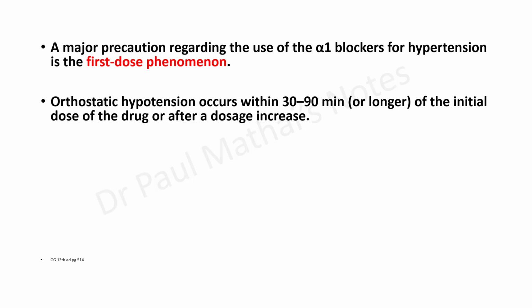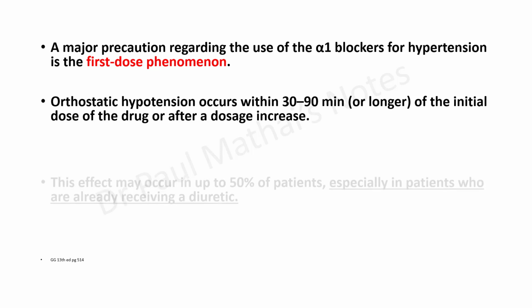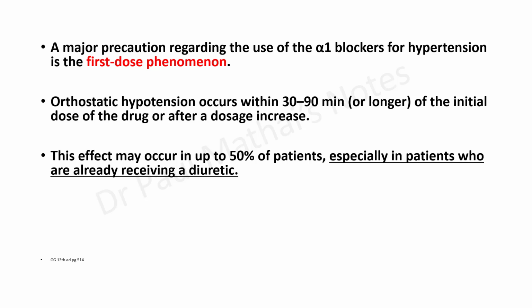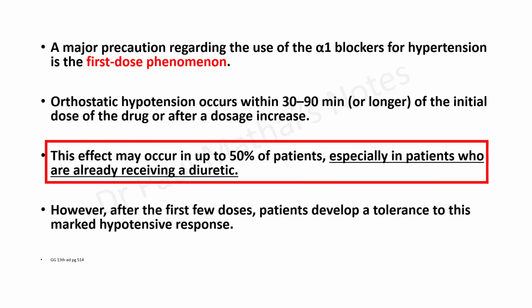Orthostatic hypotension occurs within 30 to 90 minutes or longer of the initial dose of the drug or after a dose increase. Now, this effect may occur in up to 50% of patients, especially in patients who are already receiving a diuretic. However, after the first few doses, the patients develop a tolerance to this marked hypotensive response.